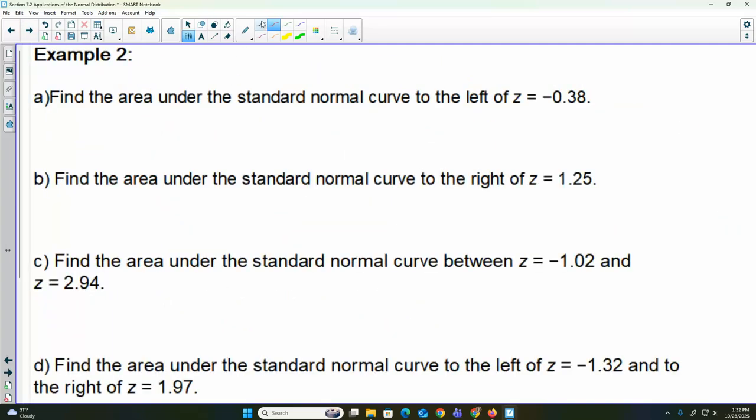Look at this one. Find the area under the standard normal curve to the left of z equals negative 0.38. Picture is not required, but can be helpful. This is like 0, negative 0.38, so that means you are 0.38 standard deviations below.